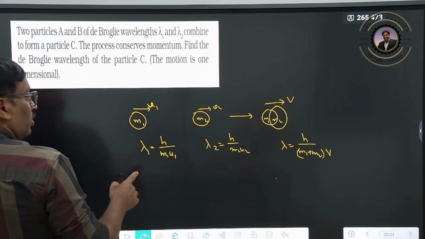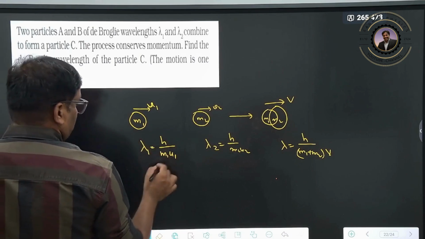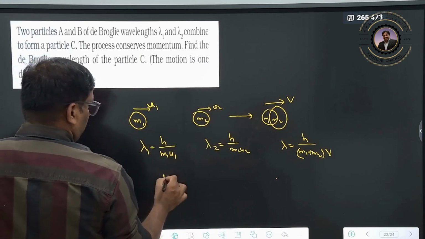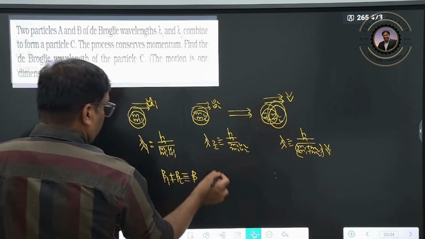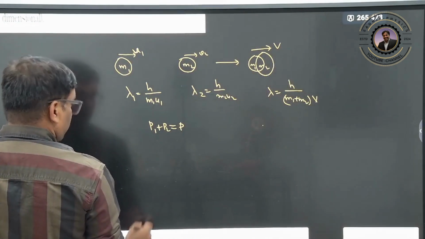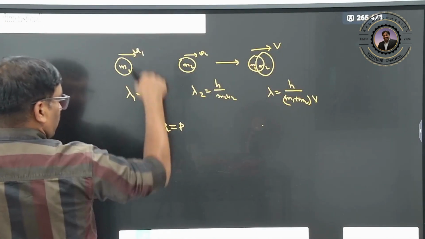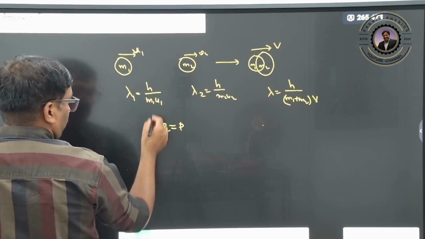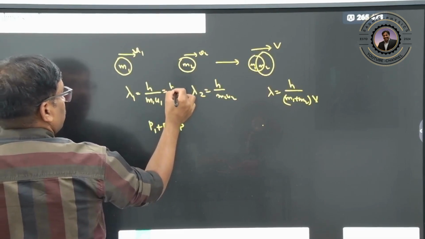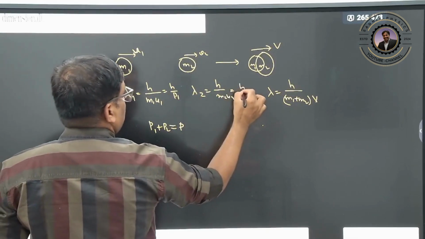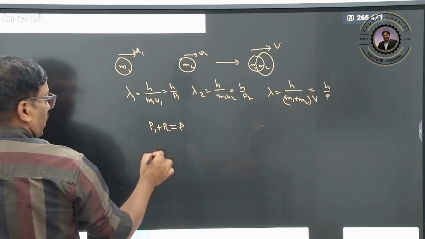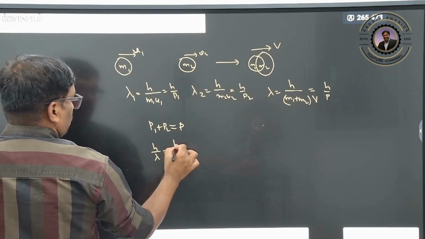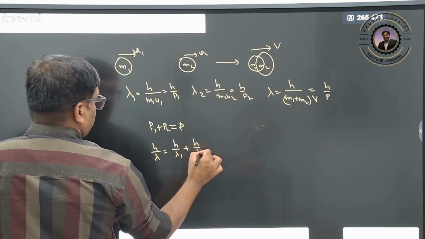Clear? But we know that in collisions momentum conservation will take place. Momentum P1 plus P2 is equal to P. So what can you write now? H by mv, therefore here you can write H by P1, this is H by P2, this is H by P. So P is equal to H by lambda is equal to H by lambda 1 plus H by lambda 2.